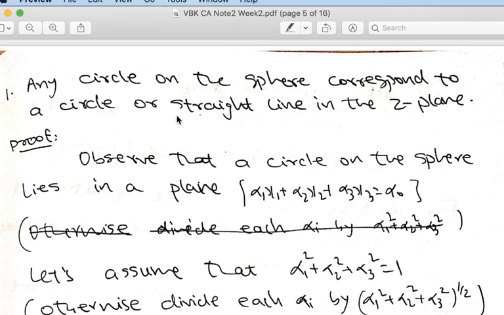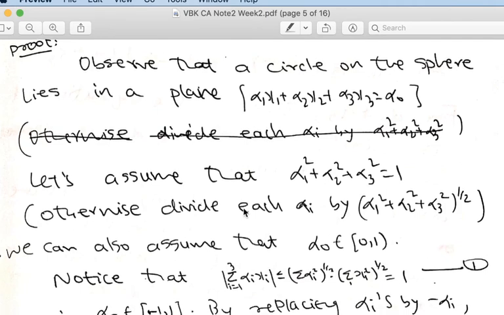The reason is that any circle on the sphere corresponds to a circle or straight line in the z-plane. Let us prove this. A circle on the sphere is a tilted circle, because the circle is lying on the sphere. Now it is given by this equation.